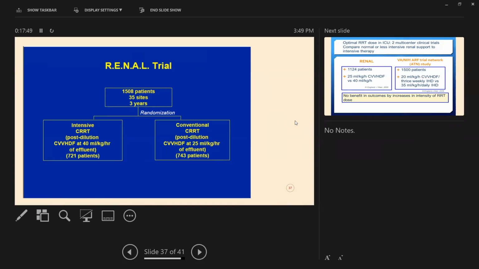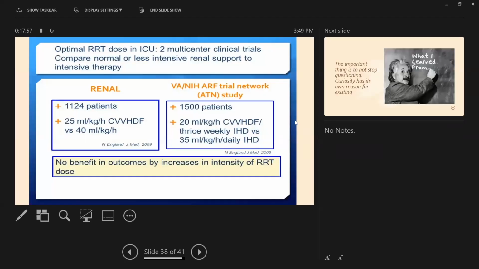The intensive CRRT at 40 ml per kilo per hour, while the conventional at 25 ml per kilo per hour. And then also another trial, VA-NIH ARF trial network study, also around 1,500 patients, 20 versus 35. Another one is 25 versus 40. No benefit in outcomes by increase in intensity of RRT dose.